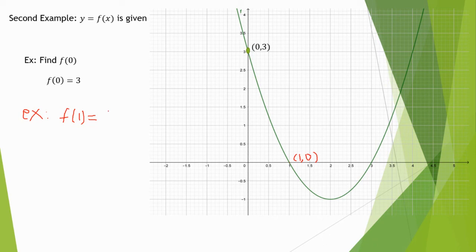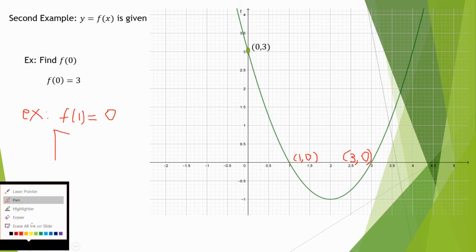Same thing with f of 3. F of 3 here is also on the x-axis, so the y-coordinate is 0. Because of that, f of 3 is also equal to 0.